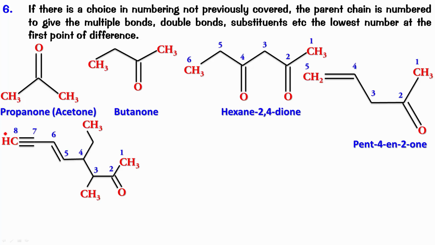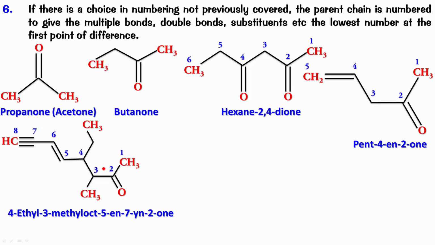And in 4 you have ethyl, in 3 you have methyl. So 4-ethyl, 3-methyl, oct-5-en-7-yn-2-one.